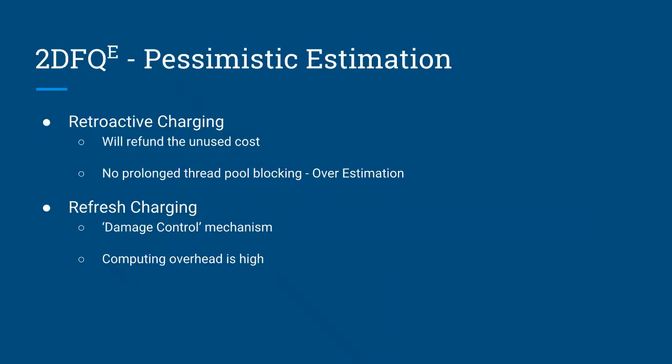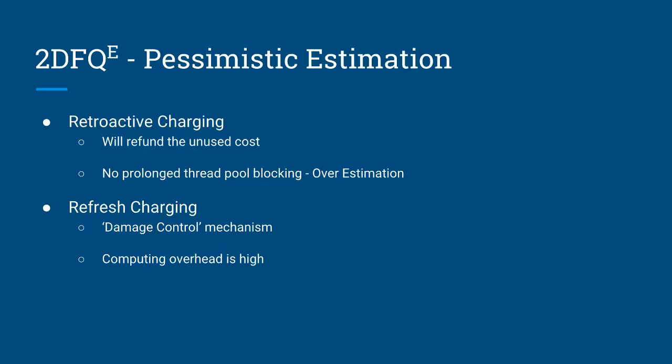Moving on to the next slide, we are explaining 2DFQE, which uses pessimistic estimation. There are two types: retroactive charging and refresh charging. Since the costs aren't actually known, most schedulers update counters at schedule time using an estimate of the cost, for example a moving average that is updated when requests complete. Here the retroactive charging ensures that a tenant is eventually charged for the resources it actually consumes, and not just an a priori estimate.